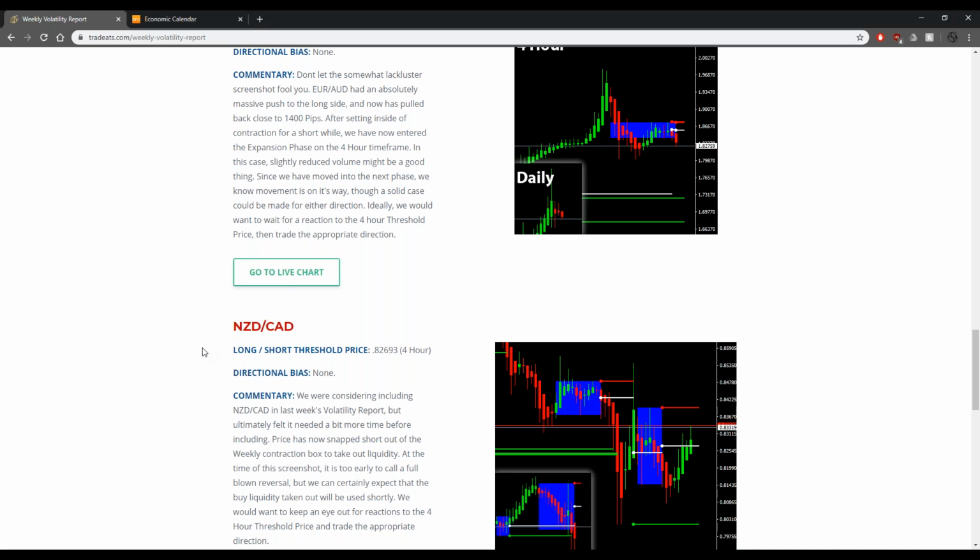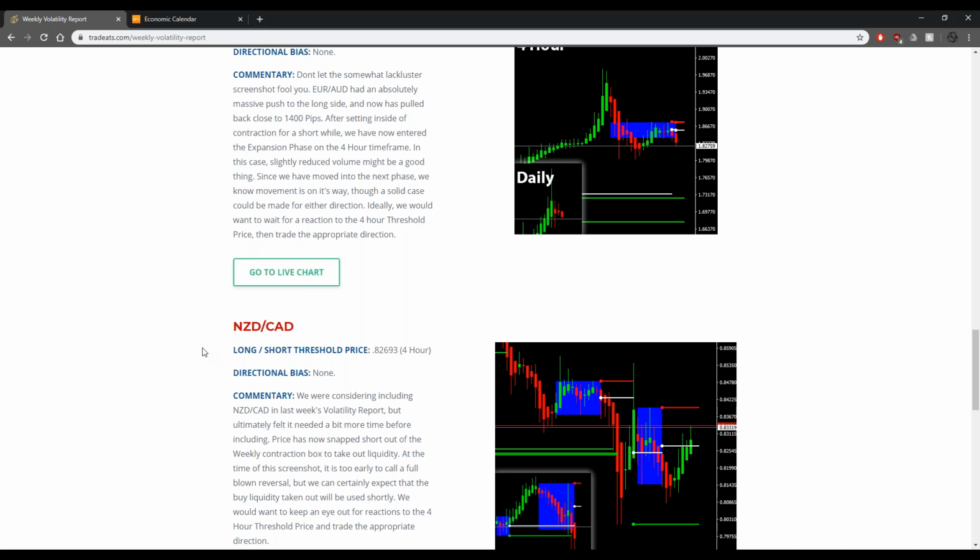I'm sure a lot of you were wondering how come they're not adding gold to it a week or 2 ago when gold was really running? The volatility report is to show you stuff that is about to start going, not something that has already gone. Gold was fairly obvious, as it had been running for quite a while.